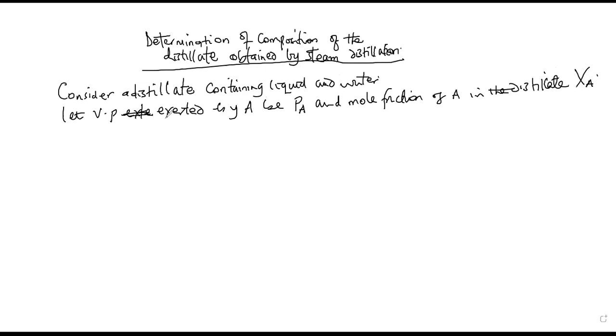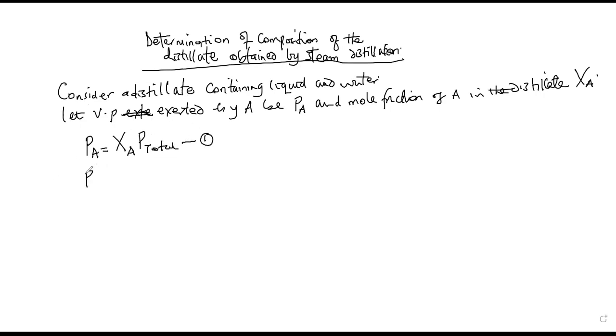Now, remember the composition is determined from the exerted vapor pressure, and therefore we are going to use Dalton's law. From Dalton's law, the partial pressure of A is equal to mole fraction times the total. Call this equation 1.